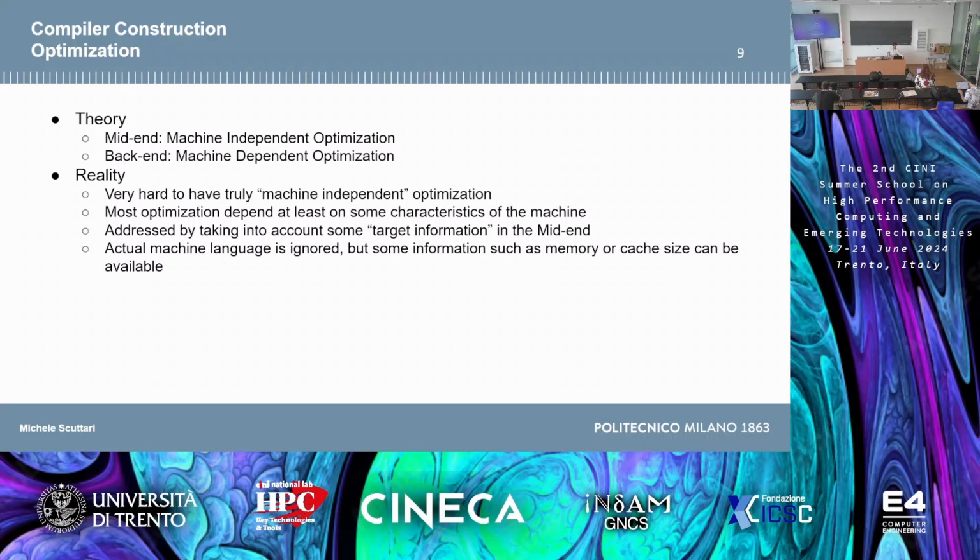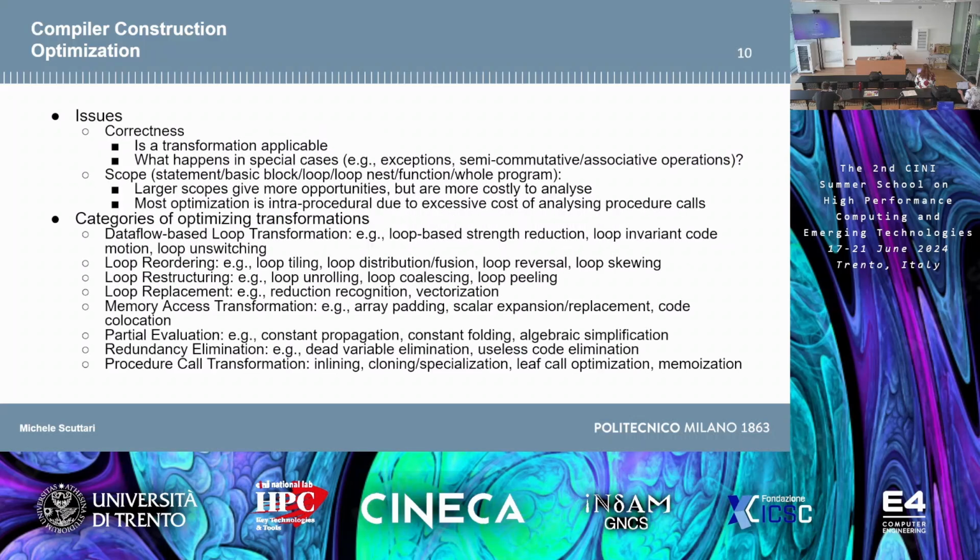So with this caveat, let's look at optimization. One issue first, correctness of optimization. What does it mean for a transformation to be correct? Well, typically we would like the source program and target program to have the same semantics.